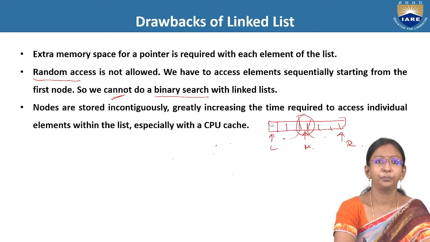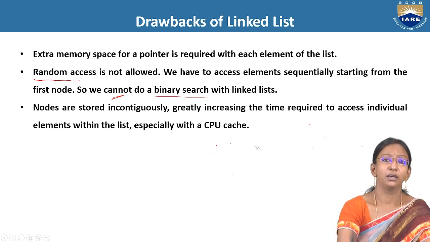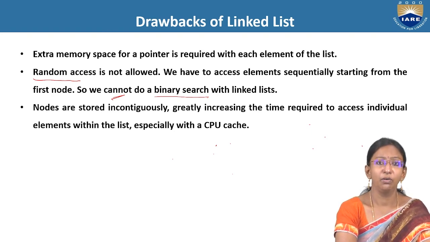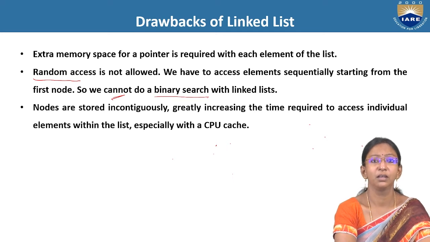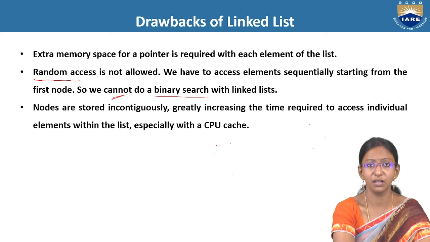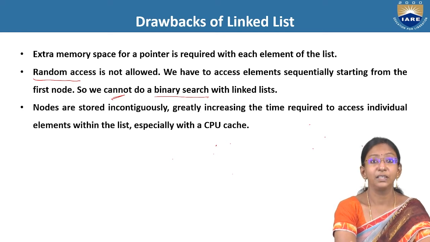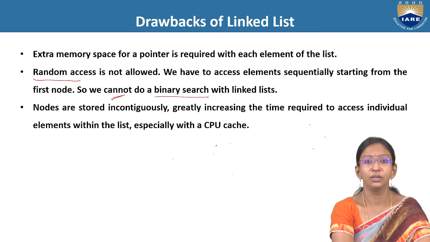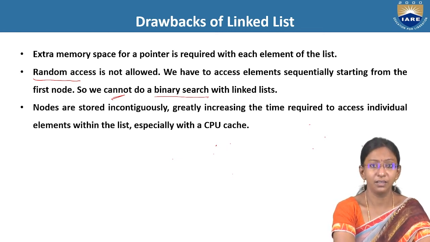Okay, then, as the nodes are not stored in contiguous memory locations, you cannot access the elements immediately. That is similar to the point which we have just discussed, which is the lack of index values, right? So the time to reach a node increases.